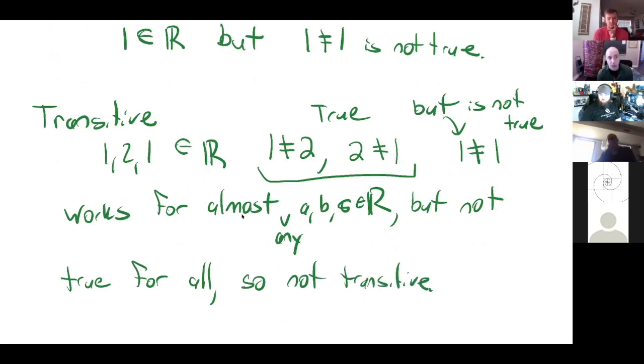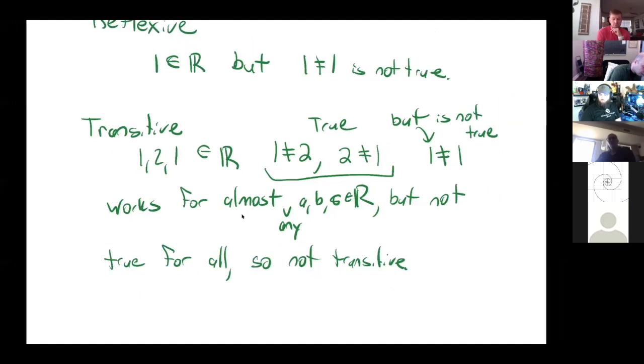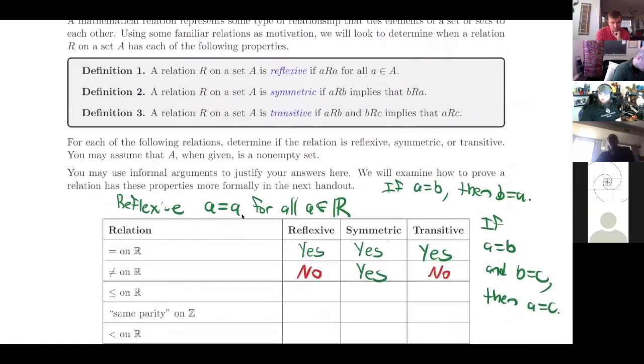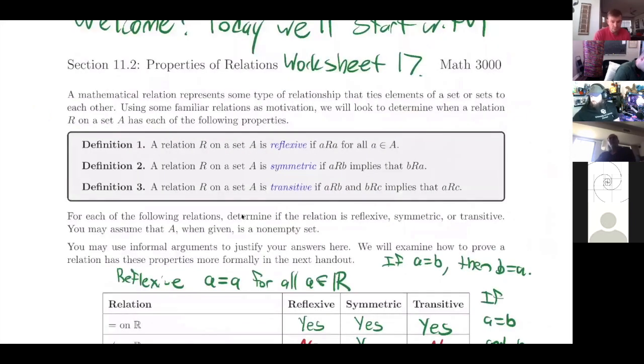Okay, so just recall that we read these implication statements as for all statements. So what I mean by that is this definition is saying for all A, B, and C, if A is related to B and B is related to C, that should imply this. So if we can find one counterexample, that would disprove it.